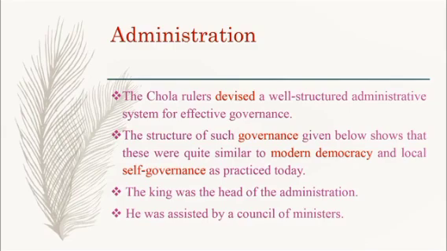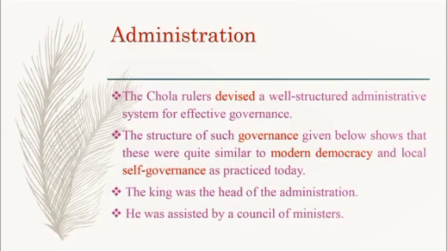So, what is meant by democracy? Democracy is a form of government in which the rulers are elected by the people. Self-governance means it is the ability of a group or individual to exercise all necessary functions of regulation without intervention from an external authority.